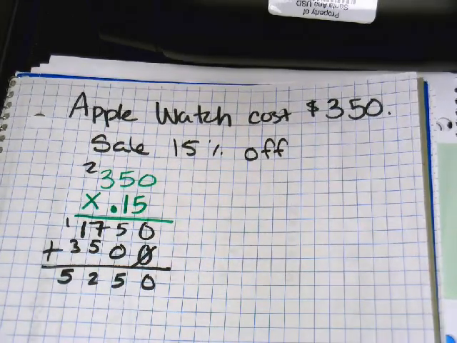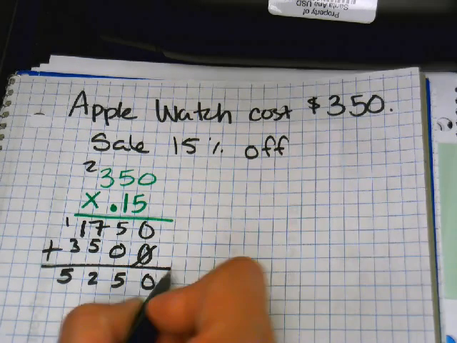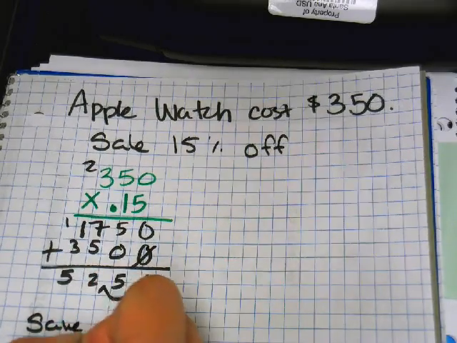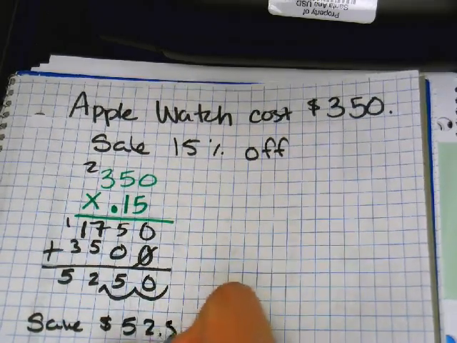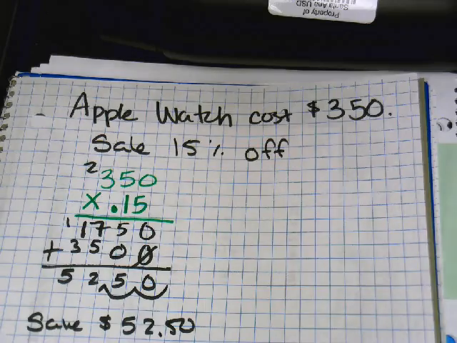You get the total. How many times do I move my decimal? So I'm going to save $52.50. Now, before we move on, when you're doing this math and you're moving your decimal, check your answer. Does it make sense for me to save $52 on something that costs $3.50?